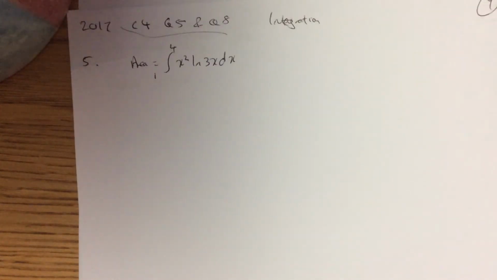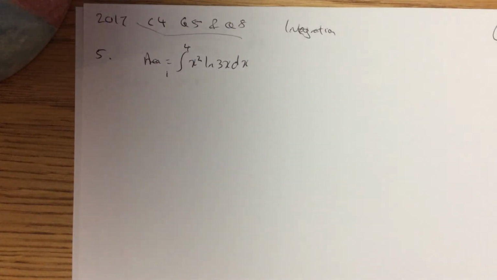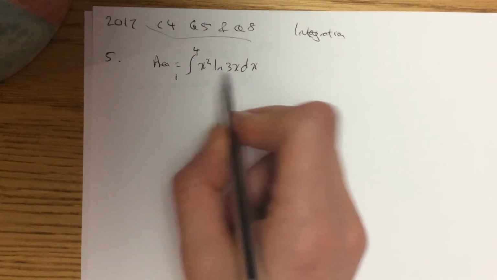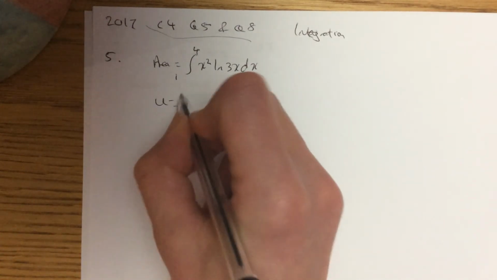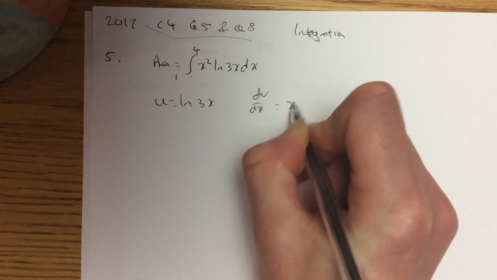So the next one we're going to look at is from the C4 paper from that year. If we can find that, it is question 5. So it's a straightforward wee one here. Only thing is you have to do integration by parts and product rule. And remember, u is the log and dv by dx is the other.